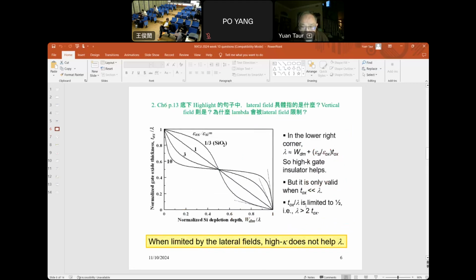Now, ultimately, the physical oxide has to be thin enough, because lambda cannot be less than 2Tox, no matter what the dielectric constant is. That's this common point here. Okay. So I think that answered this question.